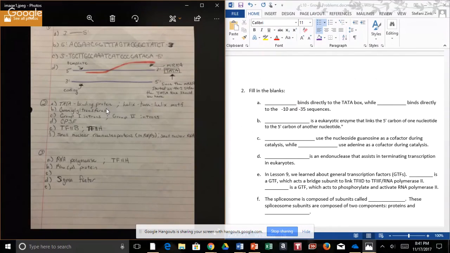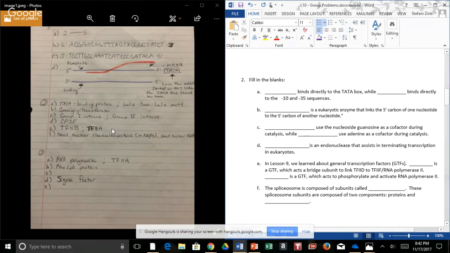So the TATA binding protein binds directly to the TATA box, while the helix-turn-helix motif binds directly to the -10, -35 sequence. Guanylyl transferase is the eukaryotic enzyme. Group 1 introns use the nucleoside guanosine as a cofactor, and group 2 introns use adenine as a cofactor.